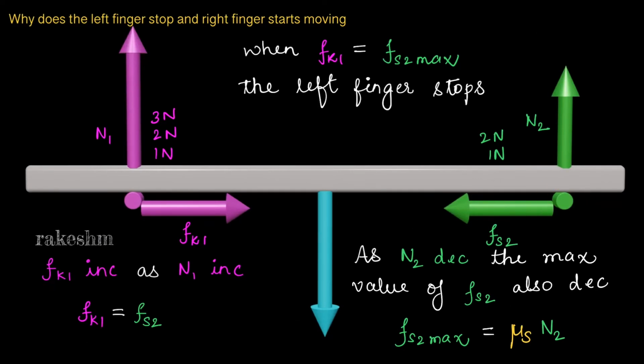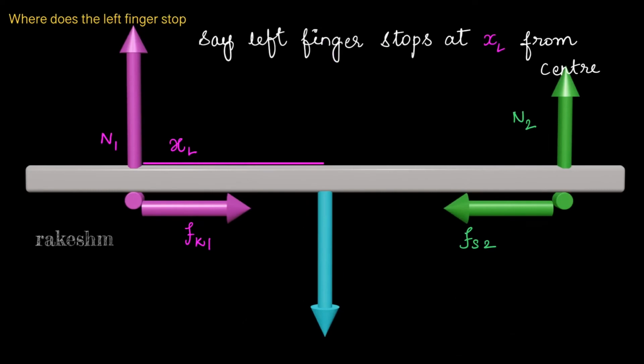This finger stops and this starts to move. So we have come to a very important part of the question here. Let us now calculate where the left finger stops. So this left finger is here, right? Where does it stop? Let us say the left finger stops at xl from the center.